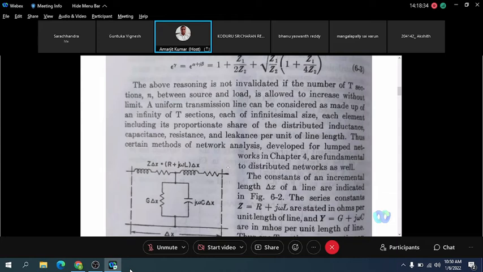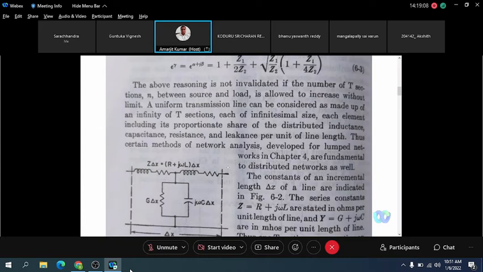We define the series impedance per unit length as R plus j omega L. So for delta x length, for that infinitesimally small section, what will be the series impedance? It will be R plus j omega L into delta x.